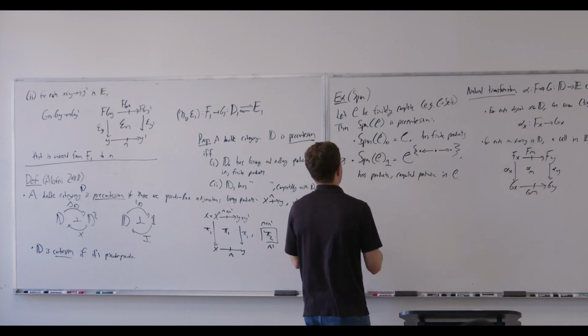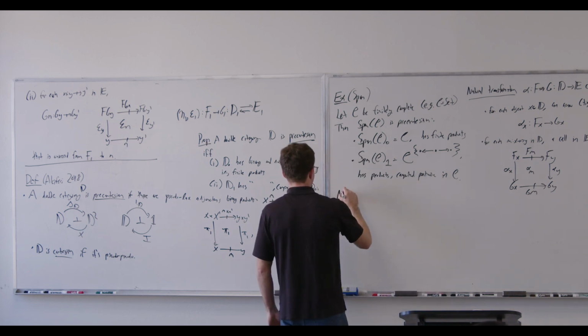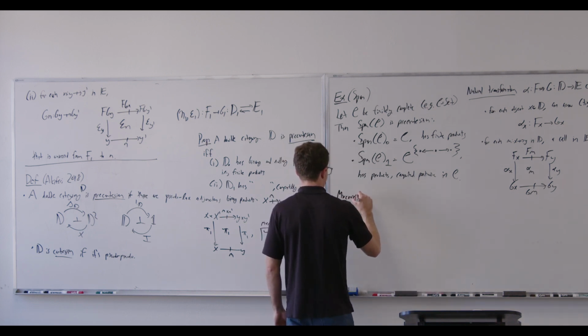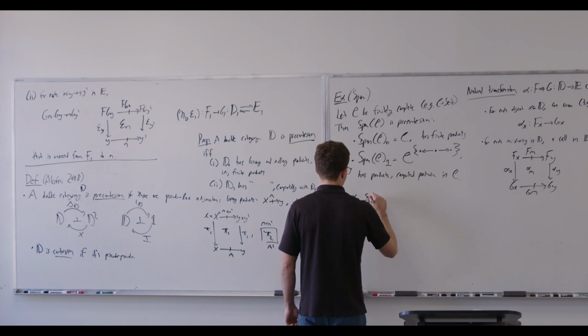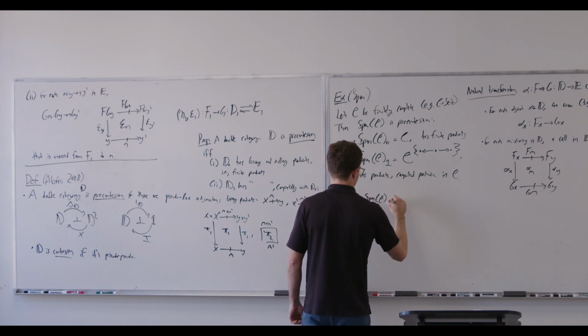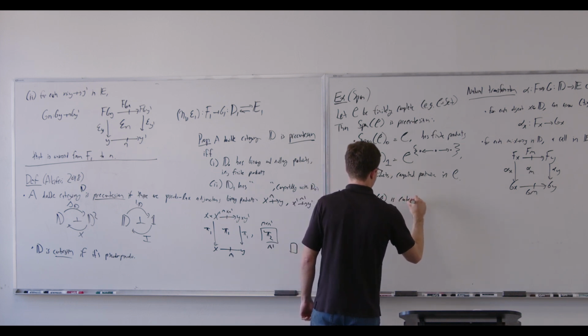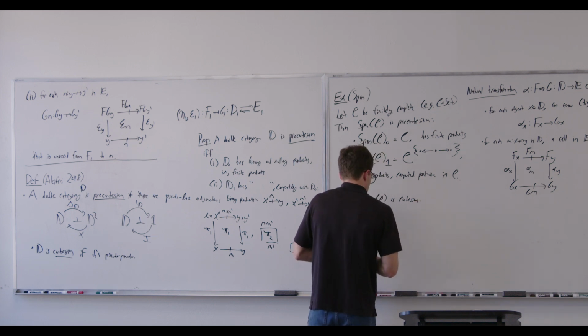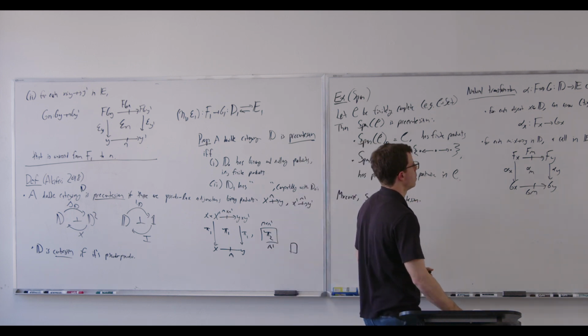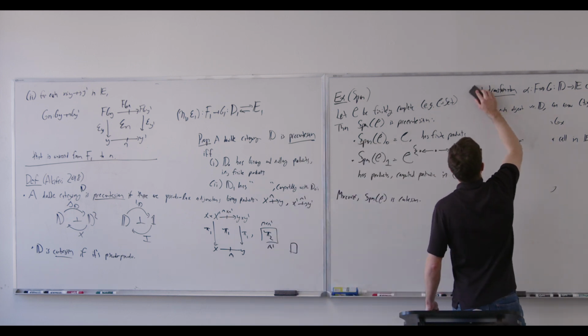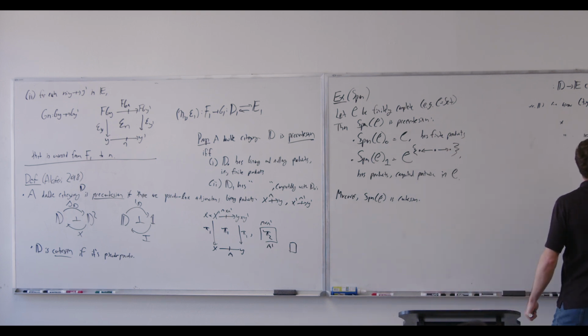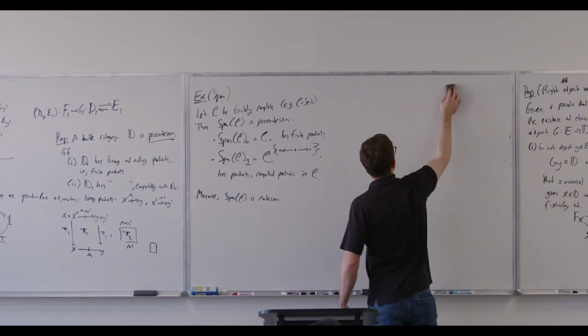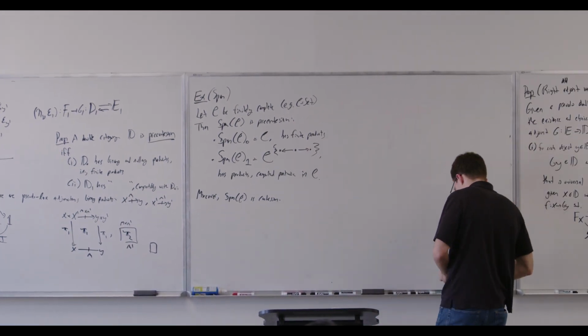Now moreover, span C is Cartesian. So what do we need to check? So let me just write down in general what it means.